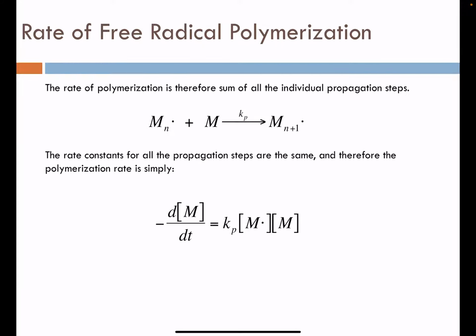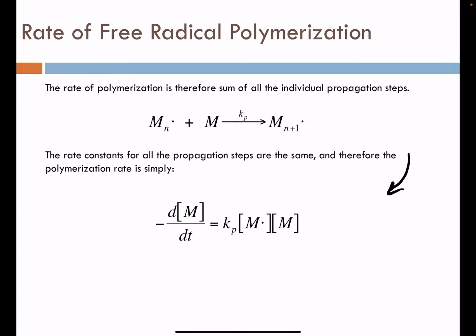Okay, so to put all that together and to finally understand a rate law for this propagation, we have this. So the rate of polymerization is the sum of all those steps. Kp was the fastest. Rate was very fast, I should say. Sometimes Ki is faster, but it is very fast. And so the rate constants for all propagation steps can be kind of condensed into something far simpler.